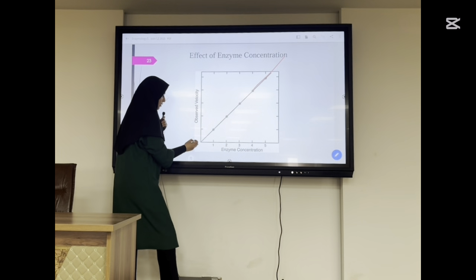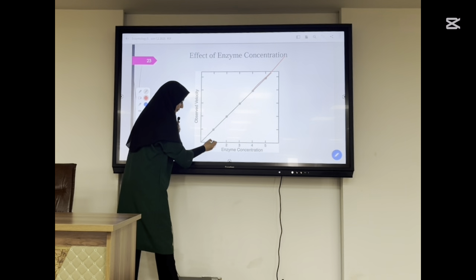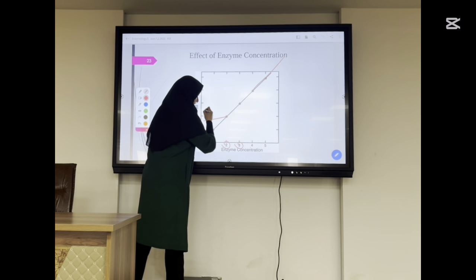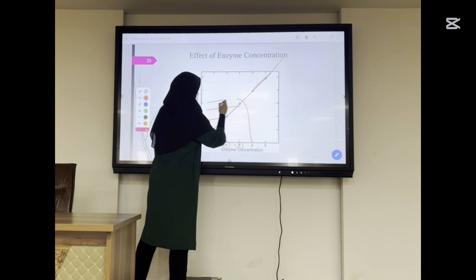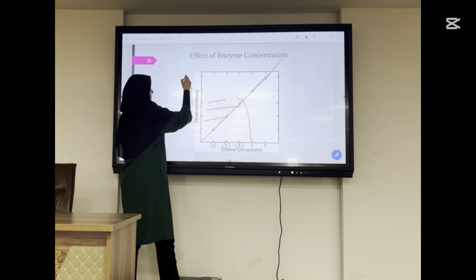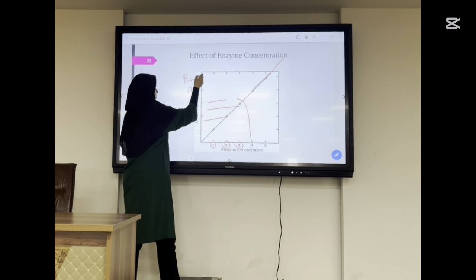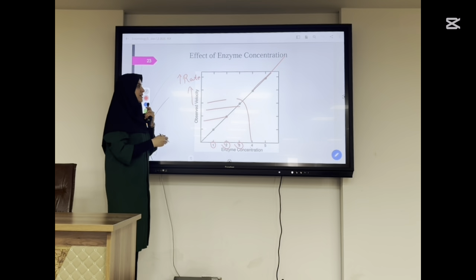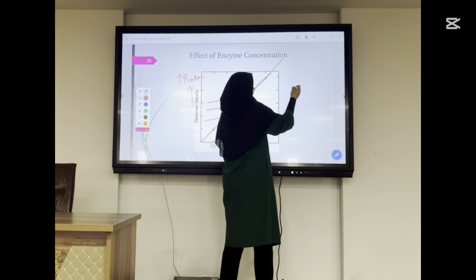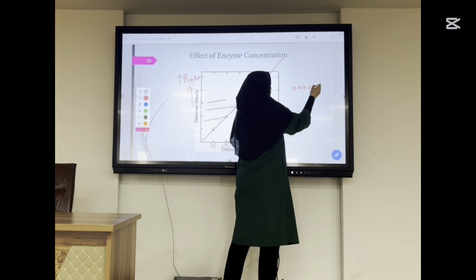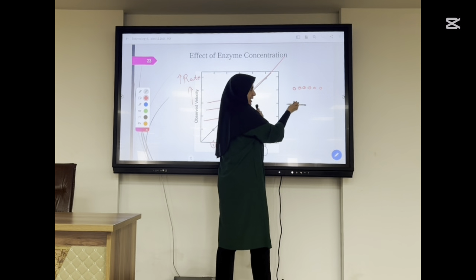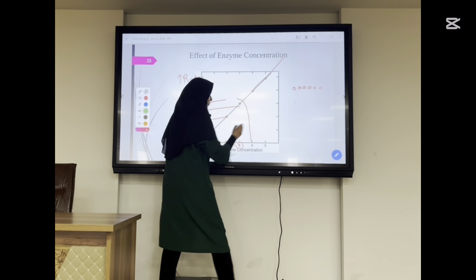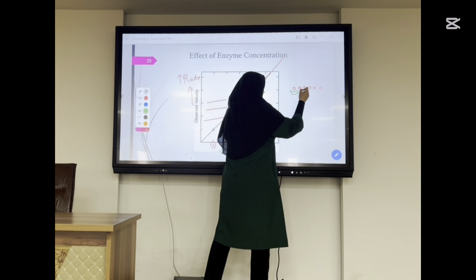So, following the increase in enzyme concentration, the rate of reaction also increases. For example, if you have a limited substrate and gradually add enzyme, for example, 1 enzyme, 2 enzymes.